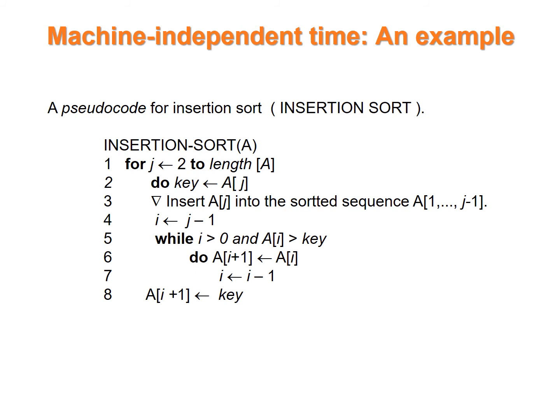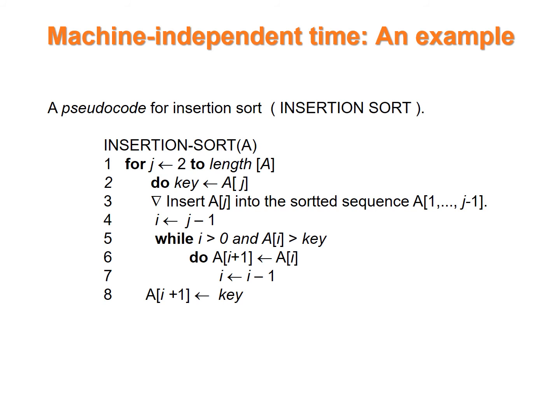Insertion sort of A. Step 1: for j from 2 to length of A. Step 2: do key equals A of j. Step 3: insert A of j into the sorted sequence A from 1 to j minus 1. Step 4: i equals j minus 1.